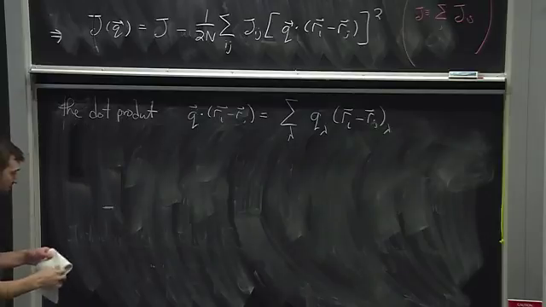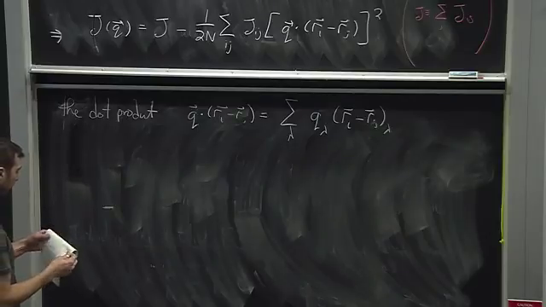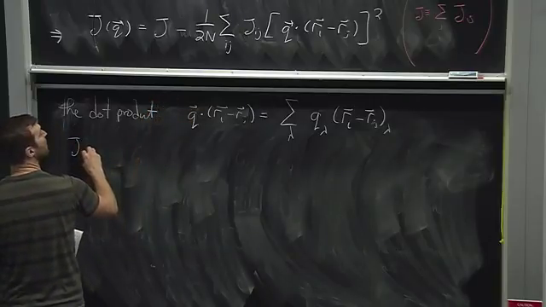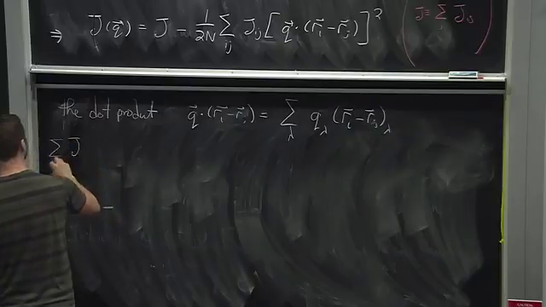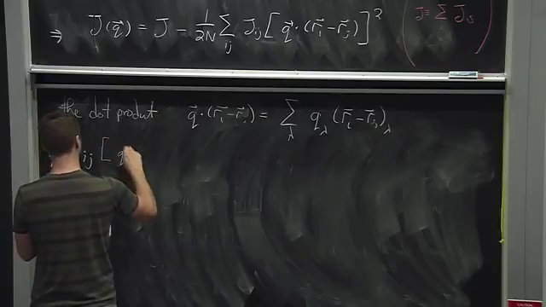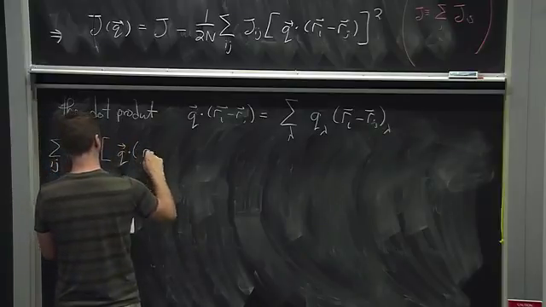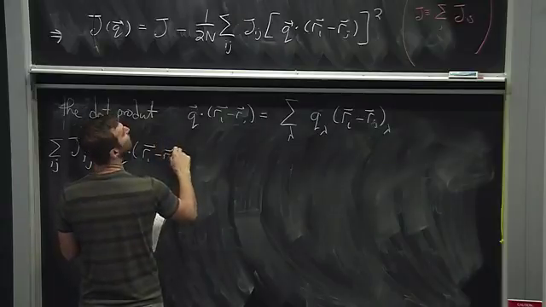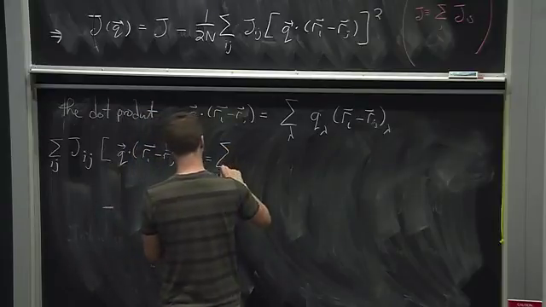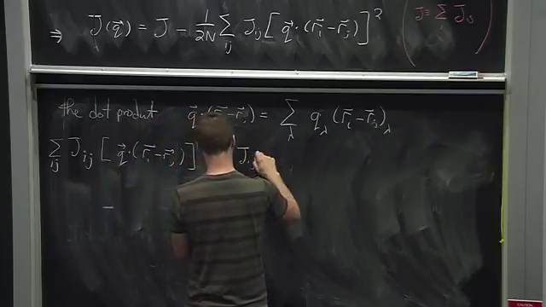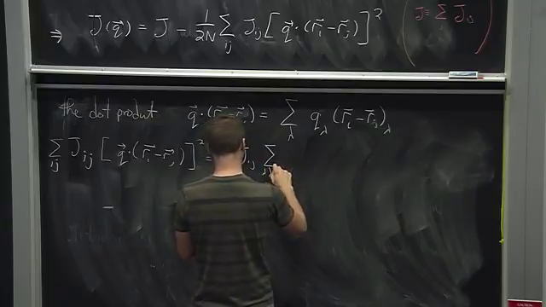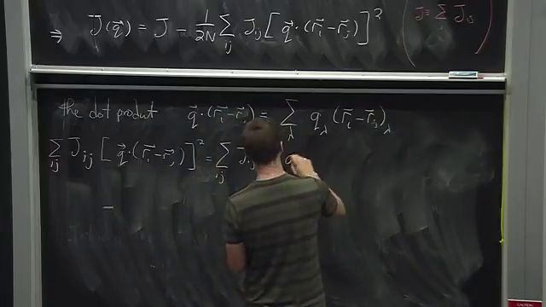Okay, so this term is worth thinking about. Let's look inside that sum. So J_ij, well, let's look at the sum. J_ij, Q. I have two terms because it's squared.